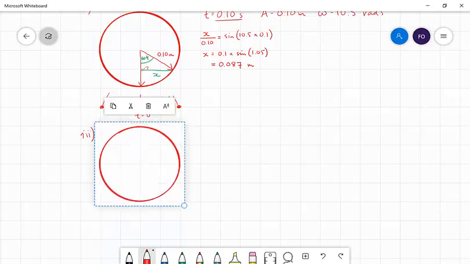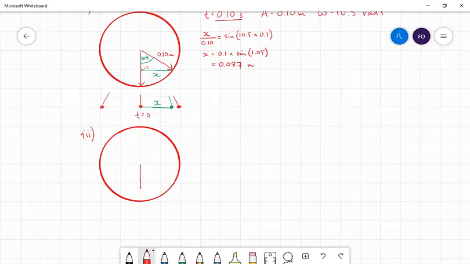Okay. So we're going to start off here, and it's going to spin. Remember, it takes 0.15 seconds to get to here, so now we're interested in t equals 0.20 seconds. We again have A equals 0.10 meters, and we have omega equals 10.5 radians per second.